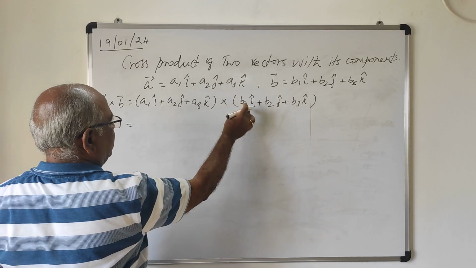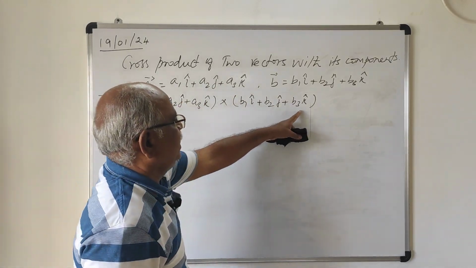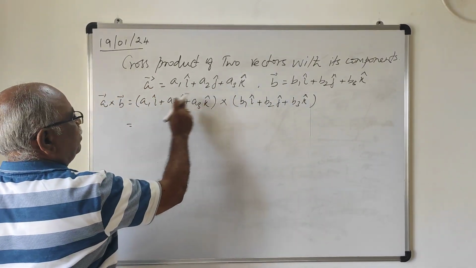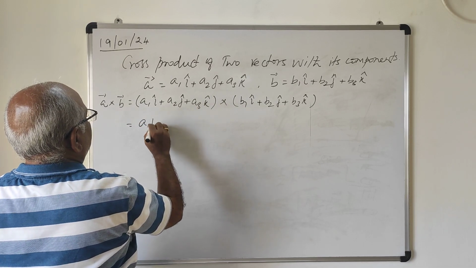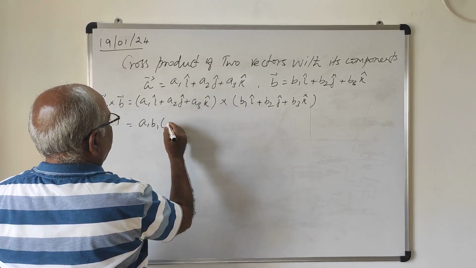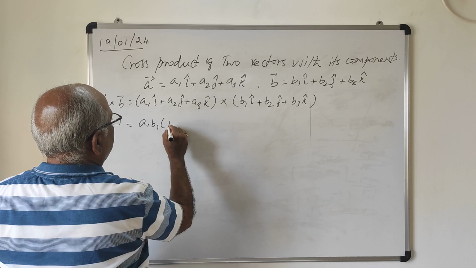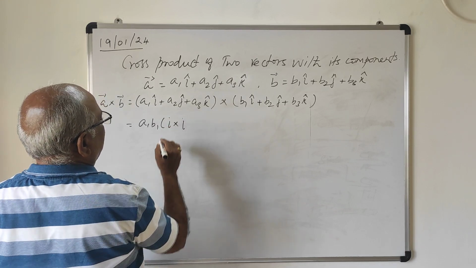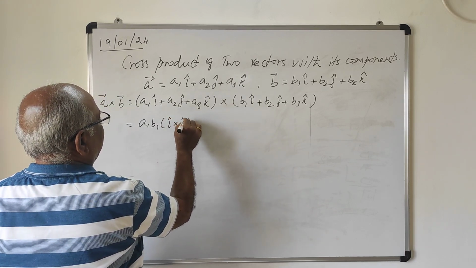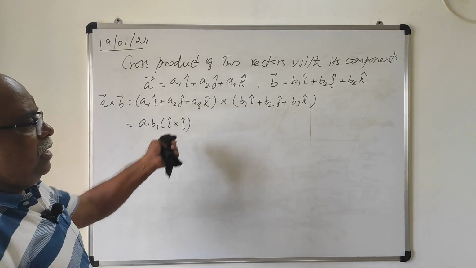Just first you take A1 with all three of the rest of the terms. A1 B1 into I cross I. What is I cross I? 0.